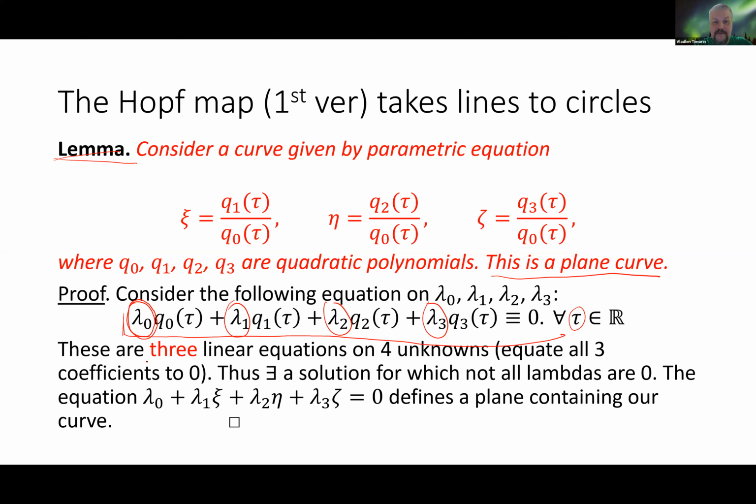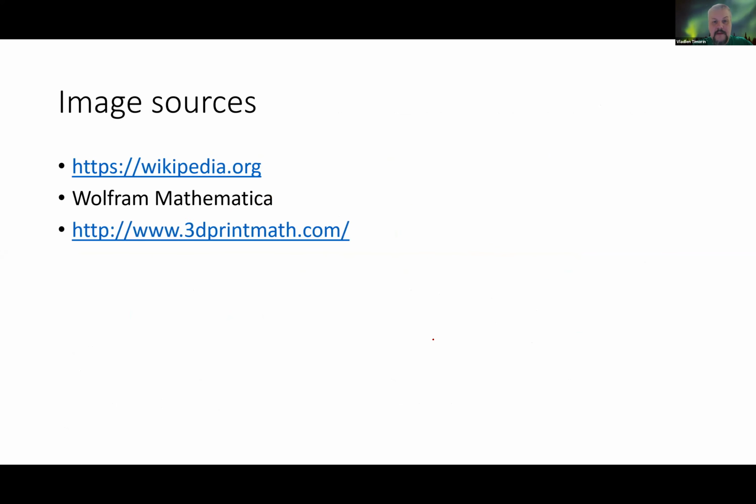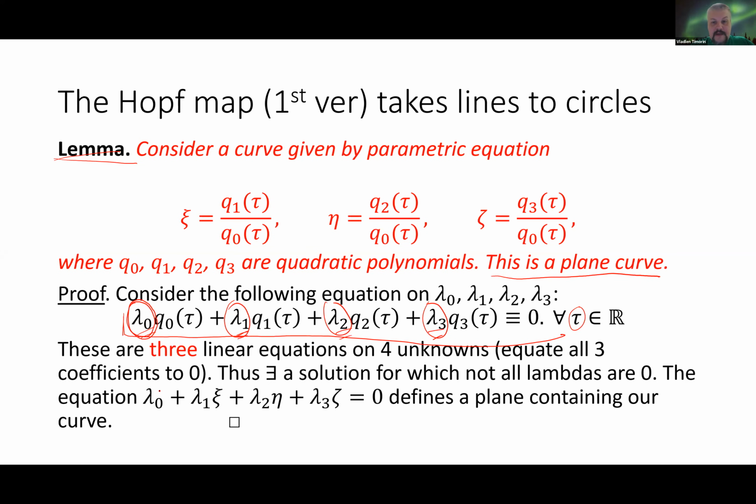So we have 3 coefficients that must be equal to 0, and we have 4 unknowns, namely the lambdas. Okay, so since we have a linear system, and it's important to say that this is a linear system where the number of unknowns is bigger than the number of equations, then we know that there is a non-trivial solution, a solution in which not all the lambdas are 0.